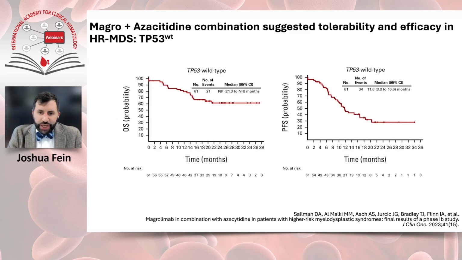Looking first, though, at the TP53 wild type outcomes, and that's how they broke down the outcomes in this study. There were 61 patients who were TP53 wild type that were evaluable, and what was noteworthy was that all the way out to 17 months of median follow-up, no median overall survival was reached.